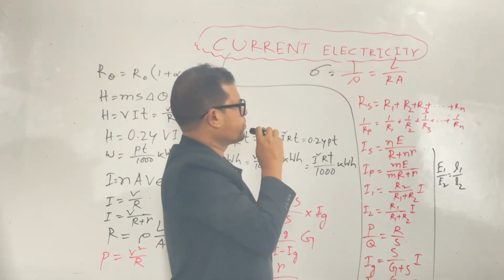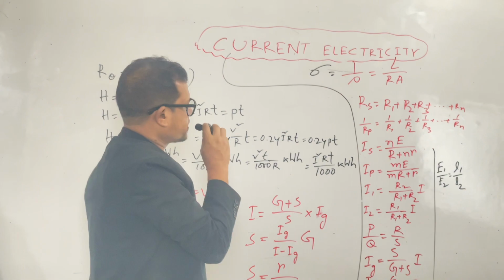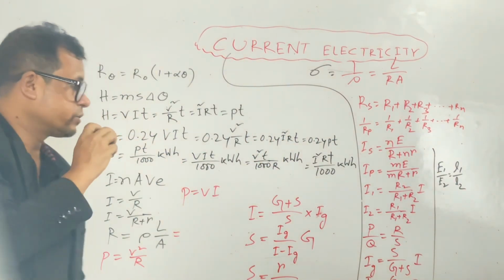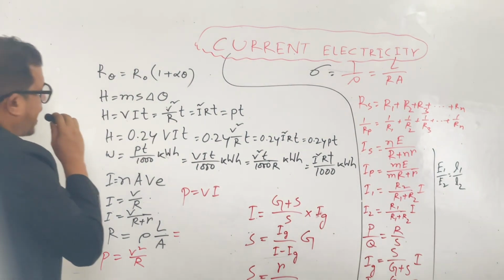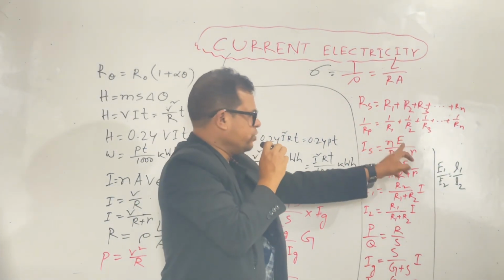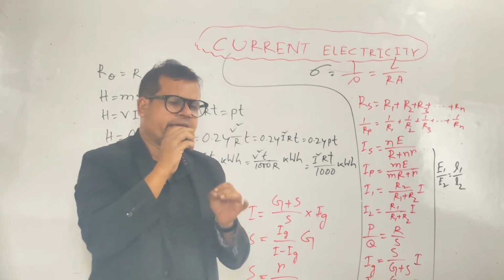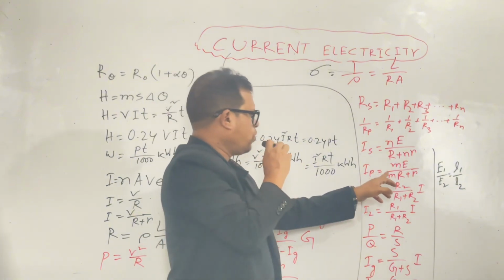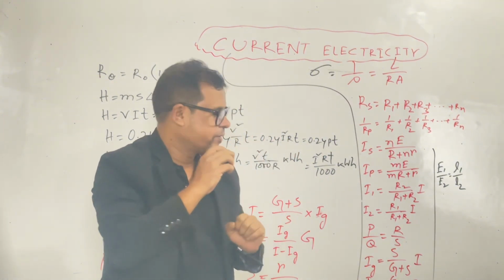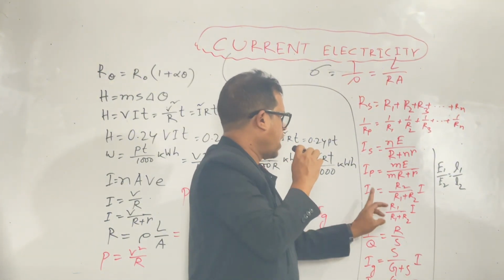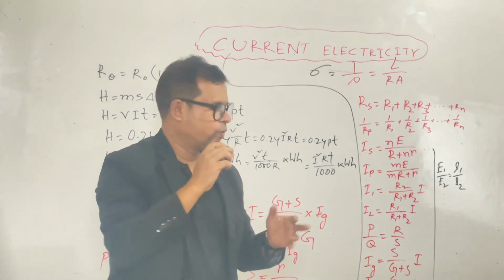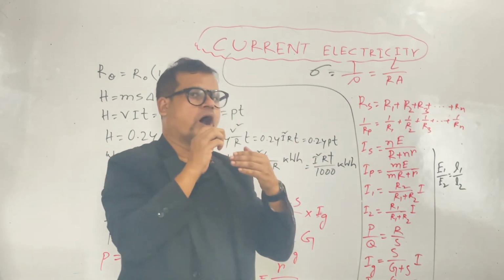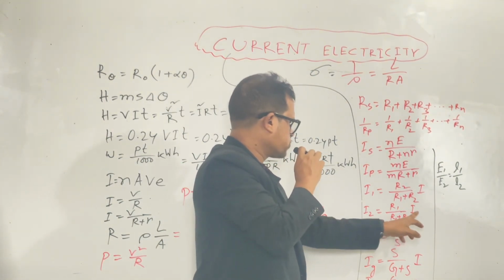R equals R1 plus R2 plus R3 plus up to Rn. 1 over Rp equals 1 by R1 plus 1 by R2 plus 1 by R3 plus up to 1 by Rn. Is equals nE over R plus n small r, and Ip equals nE over nR plus small r. I1 equals R2 over R1 plus R2 into I. I2 equals R1 over R1 plus R2 into I.